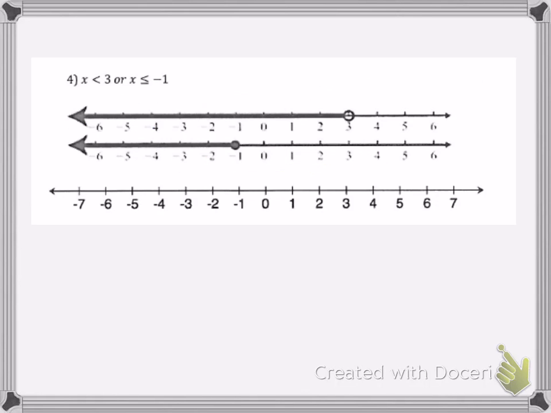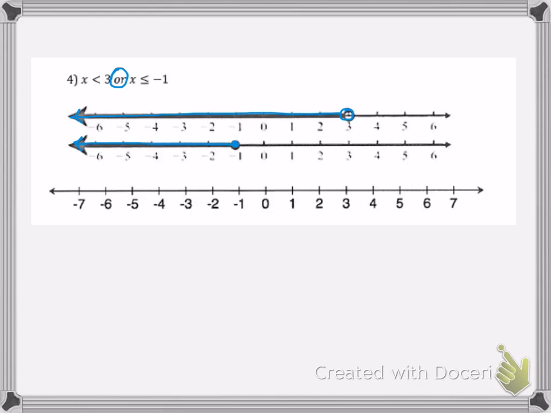So take a look at example 4 here. X is less than 3, so open circle at 3, shading to the left. It's already drawn for you, which is kind of nice. Or, so this is a disjunction, closed circle at -1, shading to the left. So we need to figure out the OR graph here. Either one can have it.